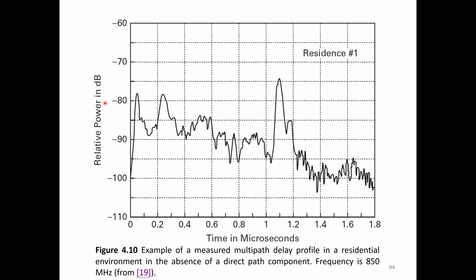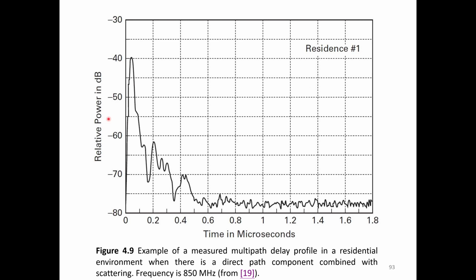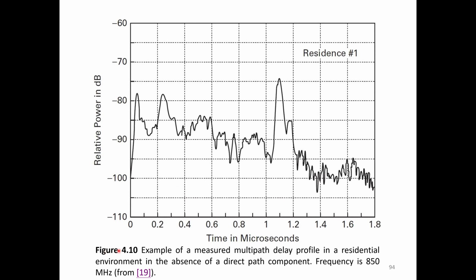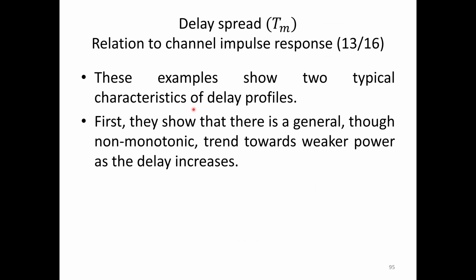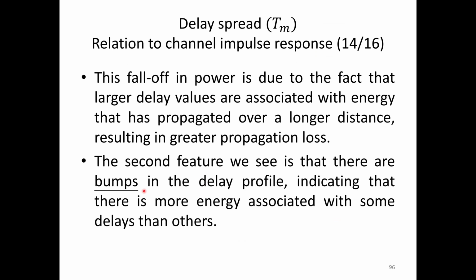Okay, let us go to figure 4.9. You can see that there are bumps here. And in figure 4.10 there are also bumps here, in the delay profile, indicating that there is more energy associated with some delays than others.